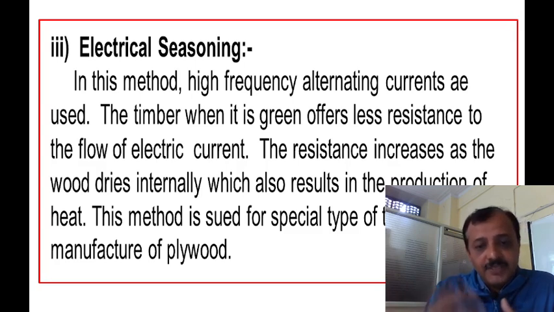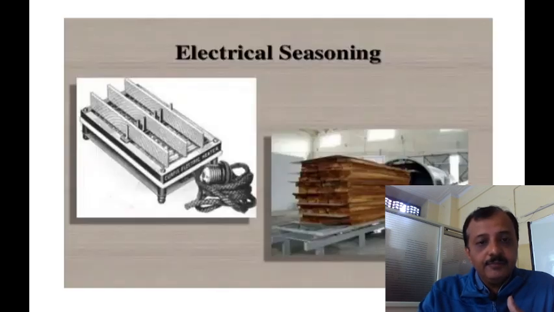Because of this heat production inside, the timber gets seasoned. The moisture in the timber starts getting removed. This method we call electrical seasoning. Here high frequency alternating currents are used. So this is how electrical seasoning is done.